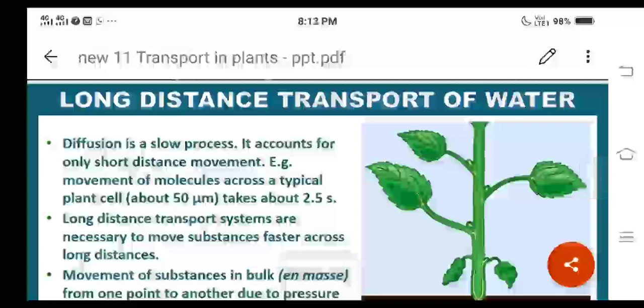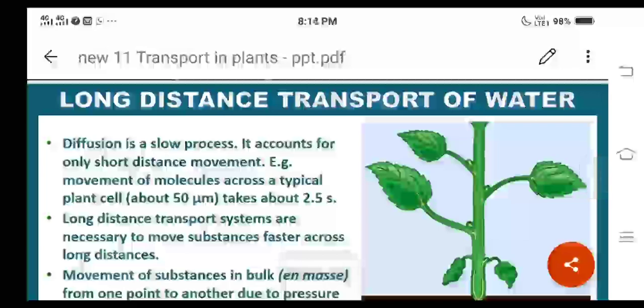For example, movement of molecules across a typical plant cell, which is about 50 micrometers in size. To pass through one cell it will take about 2.5 seconds.